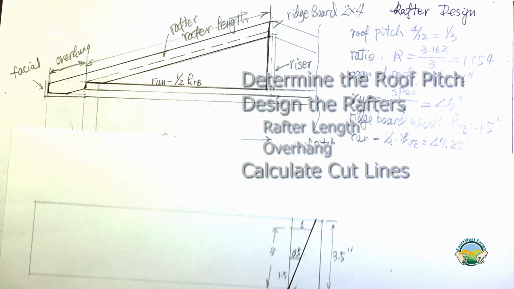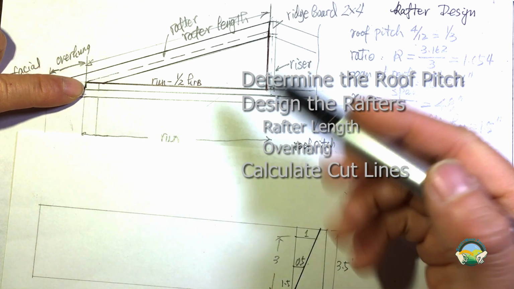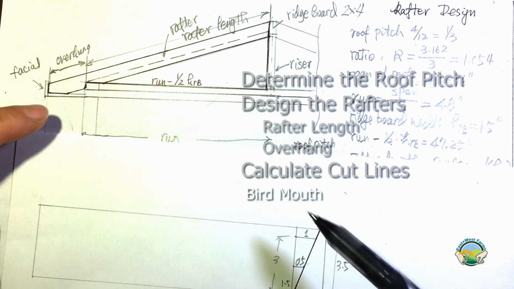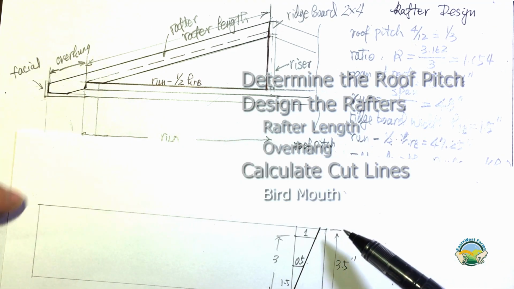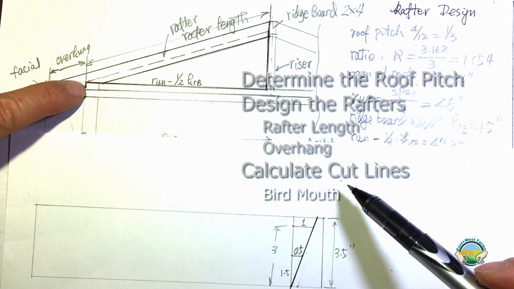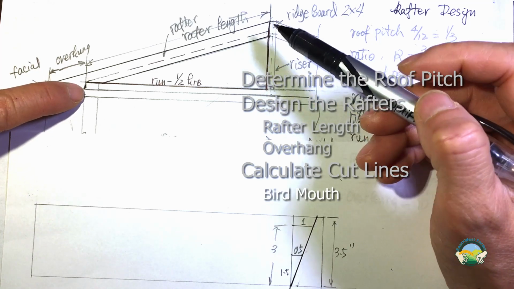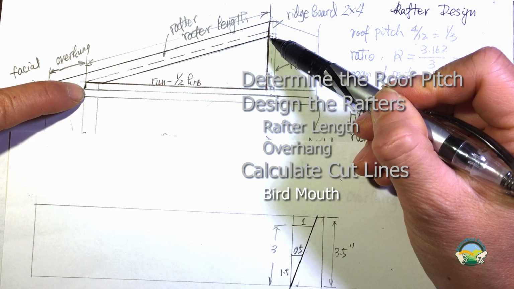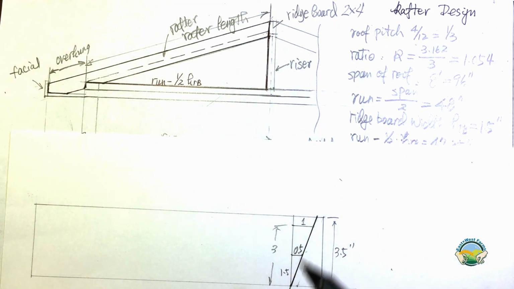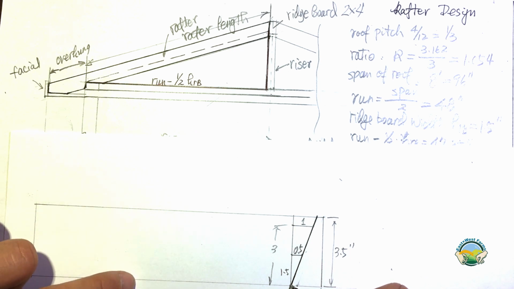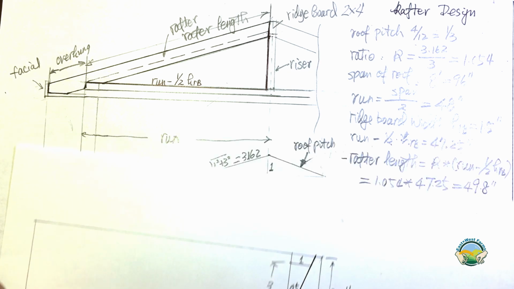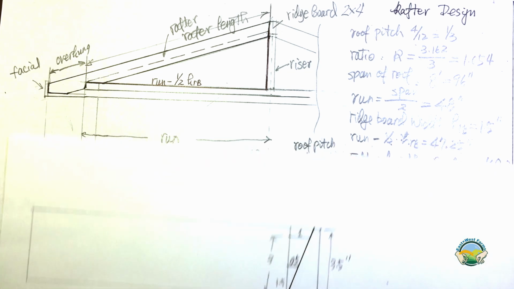The next step is we want to cut the bird mouth. For the bird mouth, we will start at this point, because we know that from this point to that point is the rafter length. So basically it is from this point to wherever the bird mouth will be, the rafter length, which is 49.8.